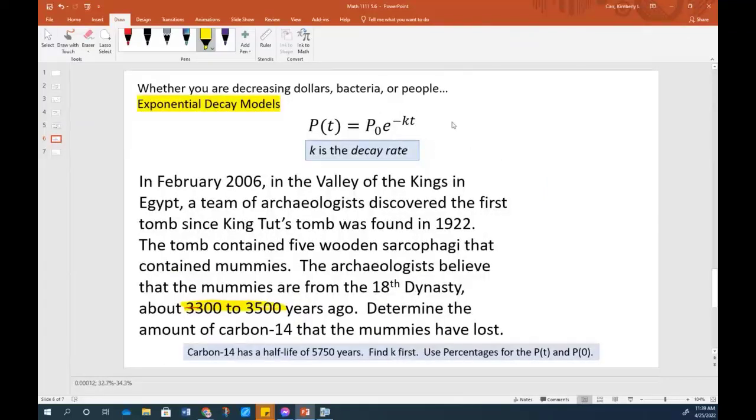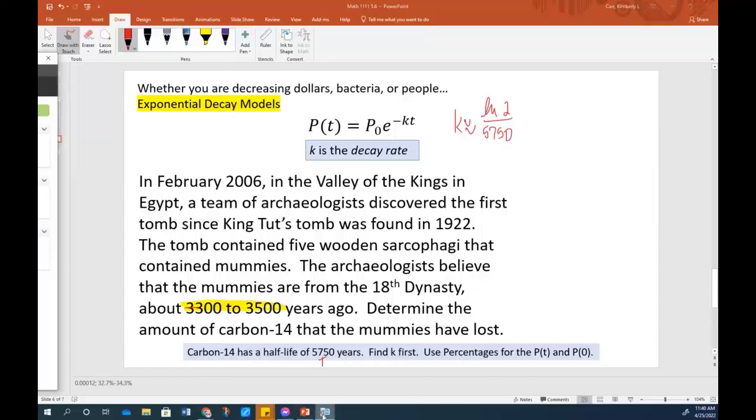So if I want to find the decay rate for this particular problem, I'm going to do ln of 2 divided by T, and notice that T is how long it takes half-life. So I'm going to say 5750, and that's going to give me a carbon-14 decay rate. And when you have other carbon-14 problems, you can use the same decay rate that we're about to find here.